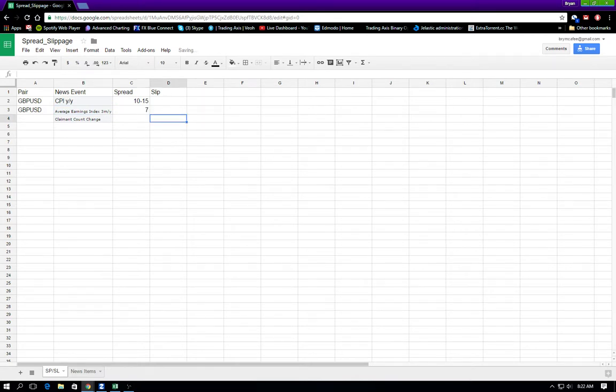And we're not doing slip yet because we're not on a live account. So it's pretty simple. That's all you have to do. Use your logs and keep recording the data. Probably by the middle of next week, we'll start making adjustments with the spread and the slippage, if we get enough that move.